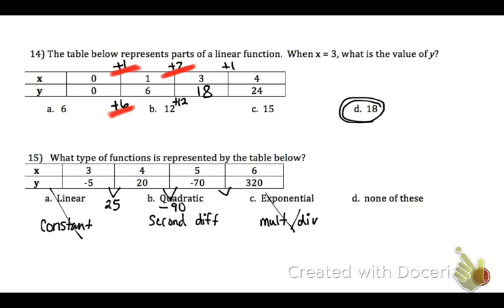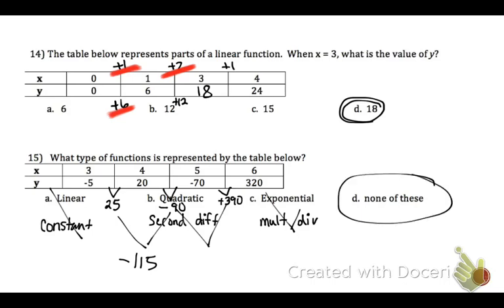And then our next difference, we would be adding 390. So that's our first difference. It's all different. And now our second difference, we would be saying, 25 to negative 90, we would be subtracting 115. And that's definitely not subtracting 115 again. So this one is just none of these.